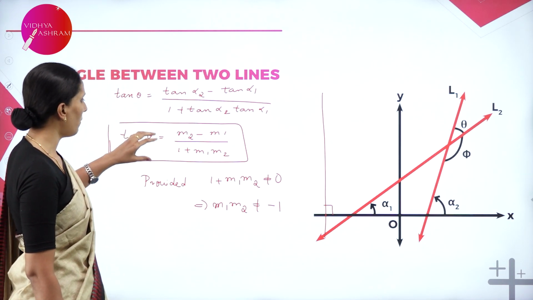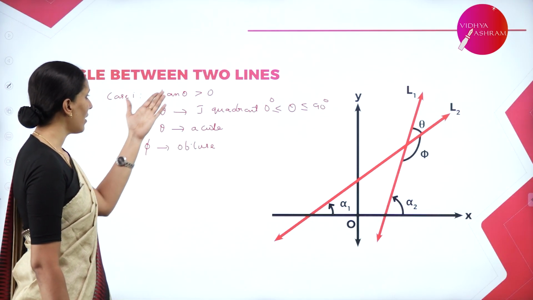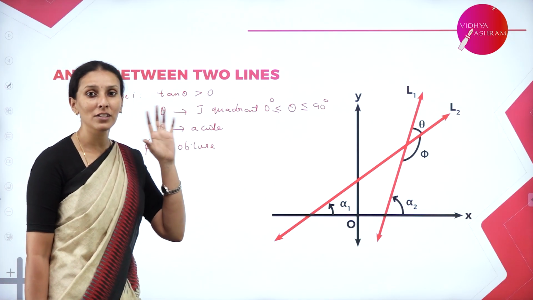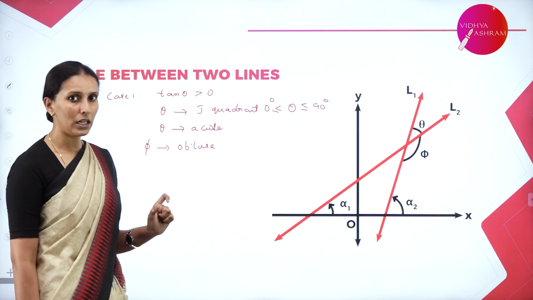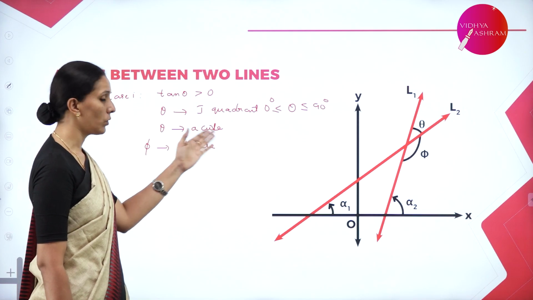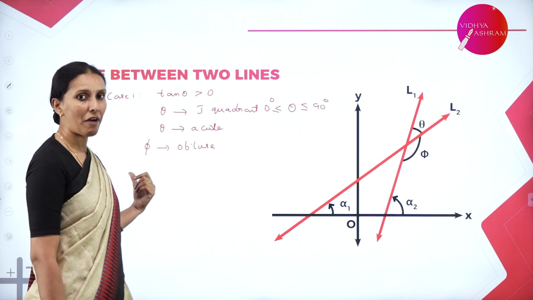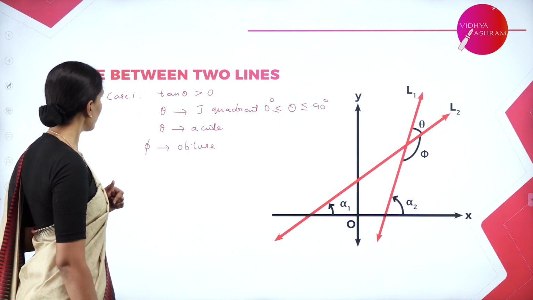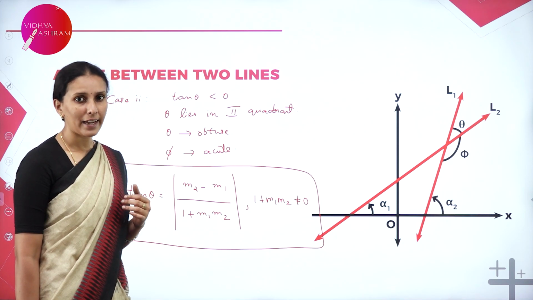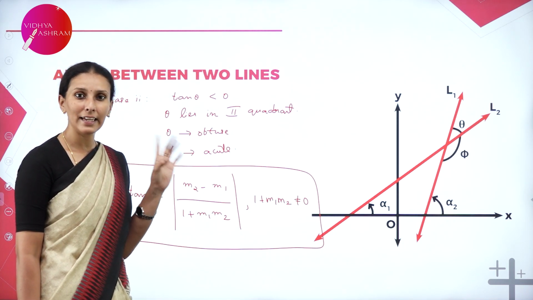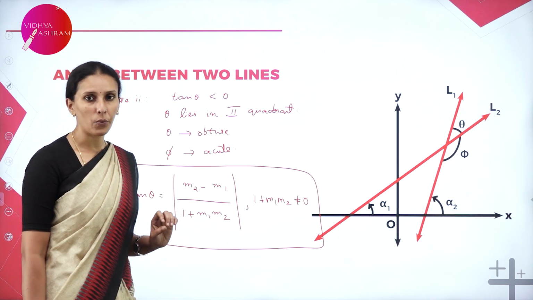Now, if this is the formula, there arise two cases. If tan theta is positive, then theta is a first quadrant angle. That is, theta lies between 0 and 90 degrees, which means theta is acute. So, obviously, 180 minus theta makes phi an obtuse angle. Now, if tan theta is negative, then it gives a second quadrant angle because tan is negative in the second quadrant. So, therefore, theta takes the values of a second quadrant angle.